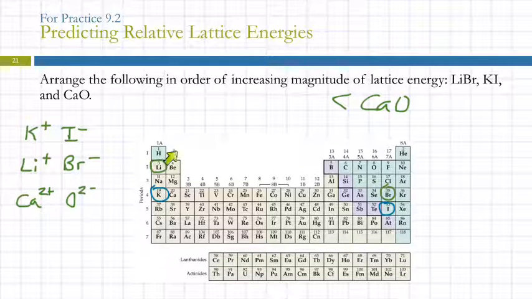Comparing lithium and potassium, lithium is above potassium on the periodic table. Things get larger as you go down. Here, bromine and iodine, the bromine is going to be smaller. Smaller ions can get closer together, and so they're going to be more strongly attracted to each other. So we're going to put lithium bromide in the middle here, and potassium iodide as the lowest.